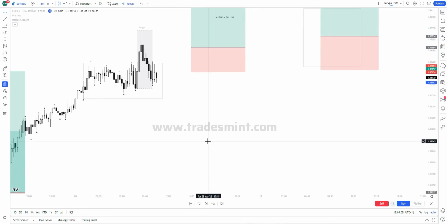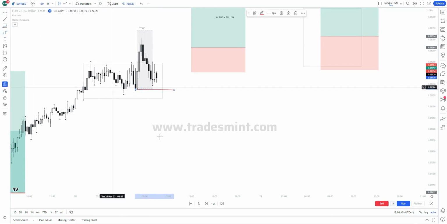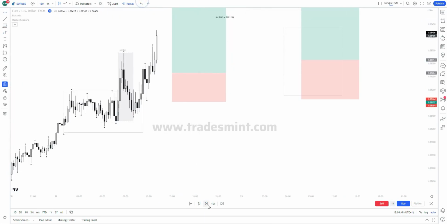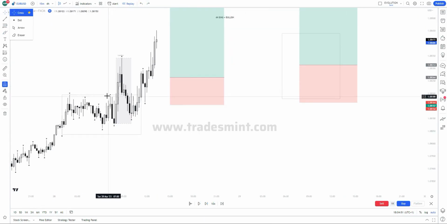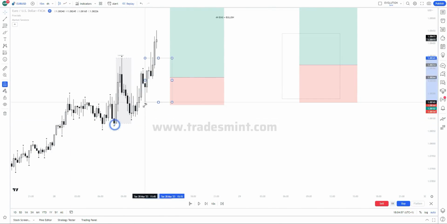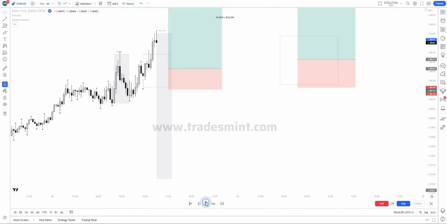Coming into London session, again this is still the range here. If we was waiting for a fractal, it'd be this one here, but I believe it doesn't go. So now, pre-New York, we can move our box. There we go, keep on moving it up, waiting for that fractal high to print.